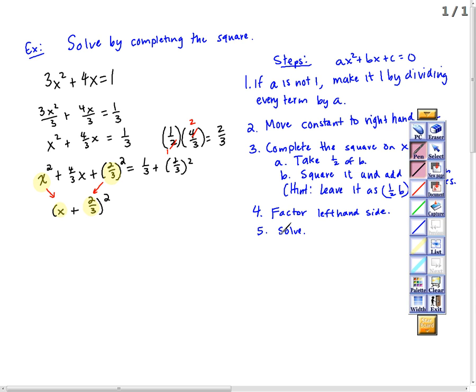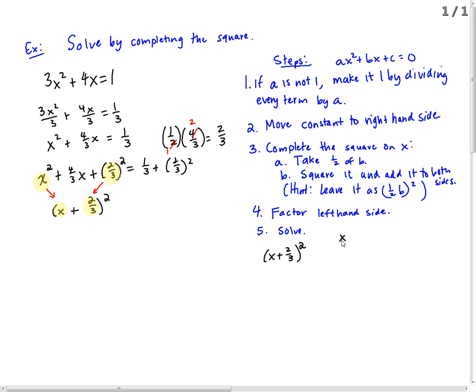And let's just take a second and verify. If I have x plus 2/3 and I square it, remember that if I have a plus b squared, that's a squared plus 2ab plus b squared.